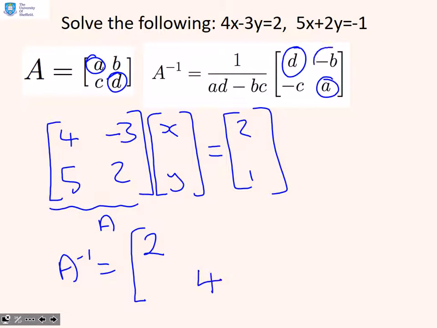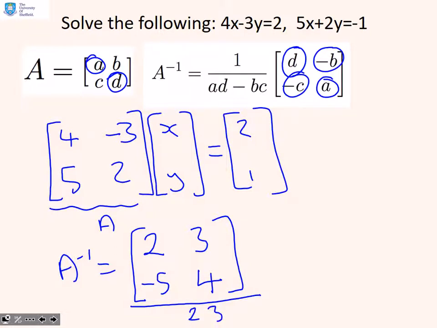The B and the C stay in the same position, but change sign, so I end up with 3 minus 5. And then I've got to divide by AD minus BC, which in this case is 4 times 2 minus minus 15, so that gives me 23.